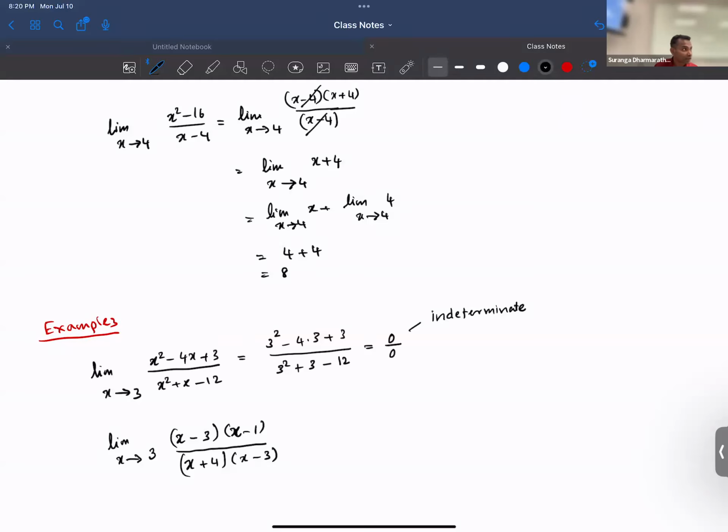So what is the secret in learning algebra and calculus? What is the secret? Study. Study every day. That's the only thing. Okay? Do more problems.